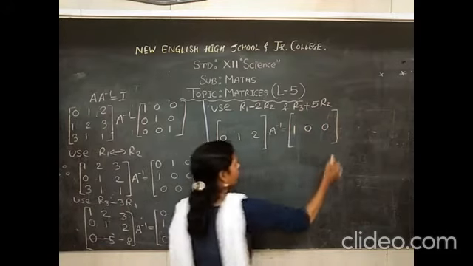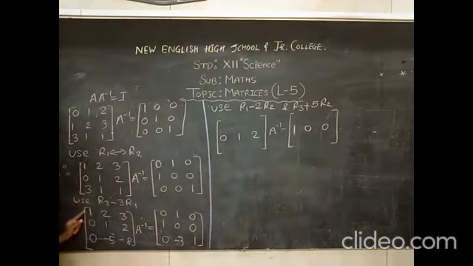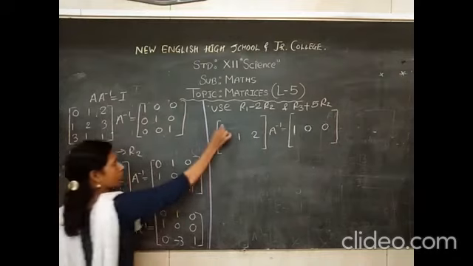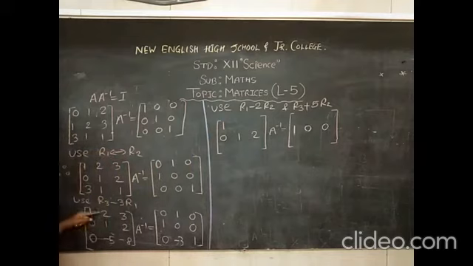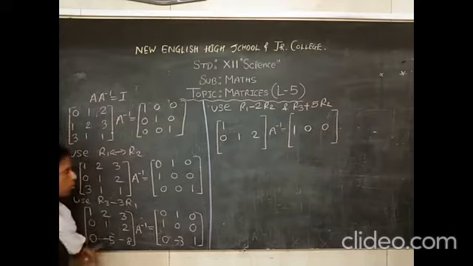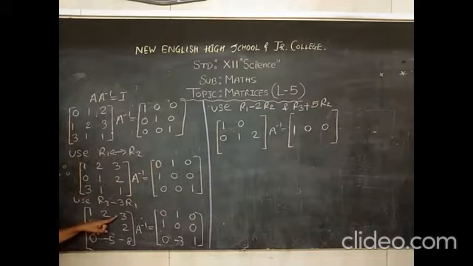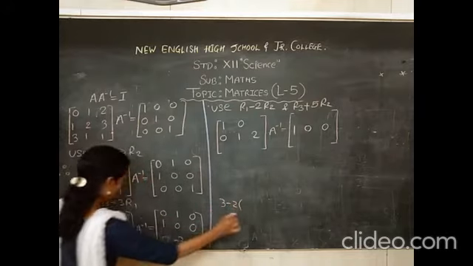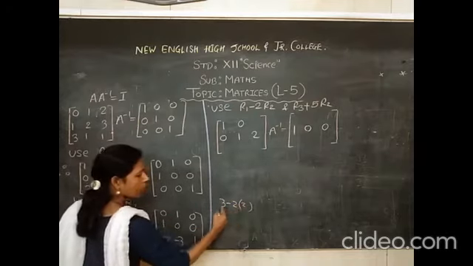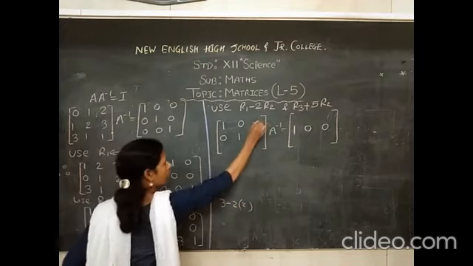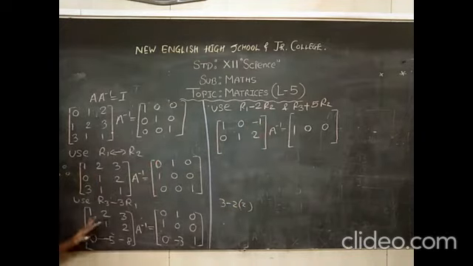Let us do calculation for R1. 1 minus 2 times this, no change, 1. 2 minus 2 times 1, that is 2, 0. 3 minus 2 times 2, that is 3 minus 4, that is minus 1. Okay? Done.